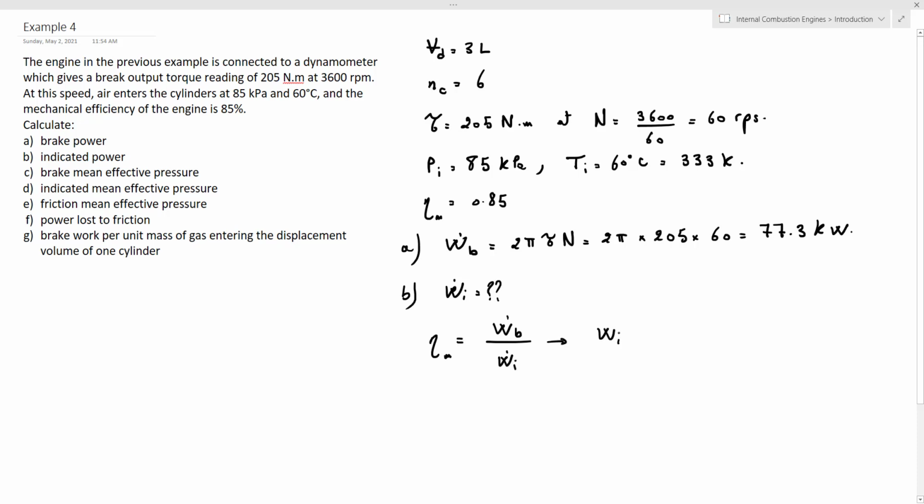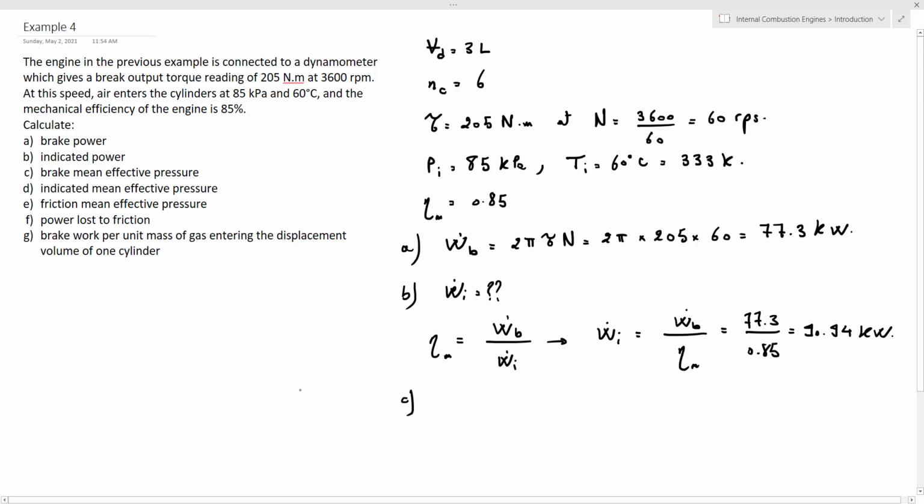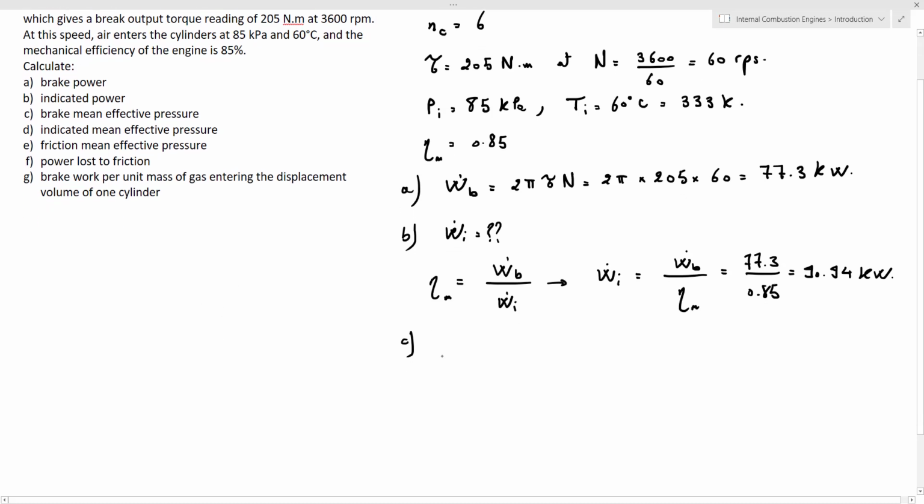So as a result, the indicated power will be the brake power divided by the mechanical efficiency. So 77.3 divided by 0.85, and it is equal to 90.94 kilowatt. Now part C, the brake mean effective pressure, the BMEP.